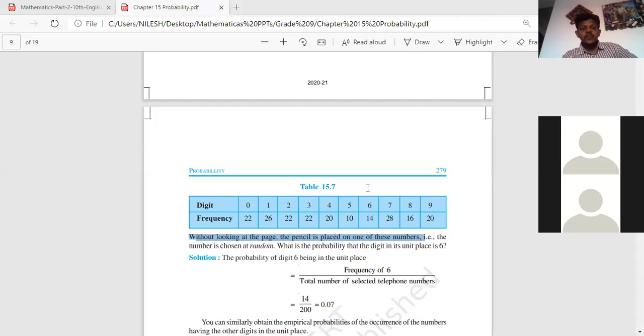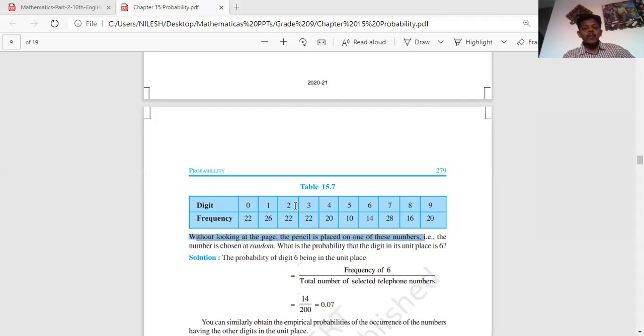Without looking, I will just take my pencil and select any one number. What is the probability, the chance, that this number ends with the digit 6? What is the probability that the digit in the units place is 6? So tell me, what is the probability that the digit is 6?